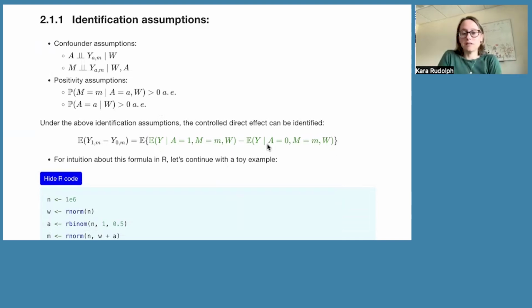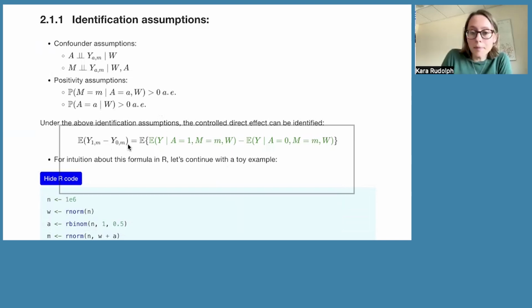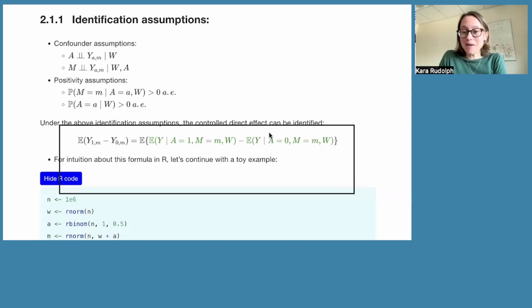We want to be able to interpret this as causal, but what we have is not counterfactuals. So what we have is this, and under the above assumptions, we have license to interpret what's on the right-hand side as what's on the left-hand side.